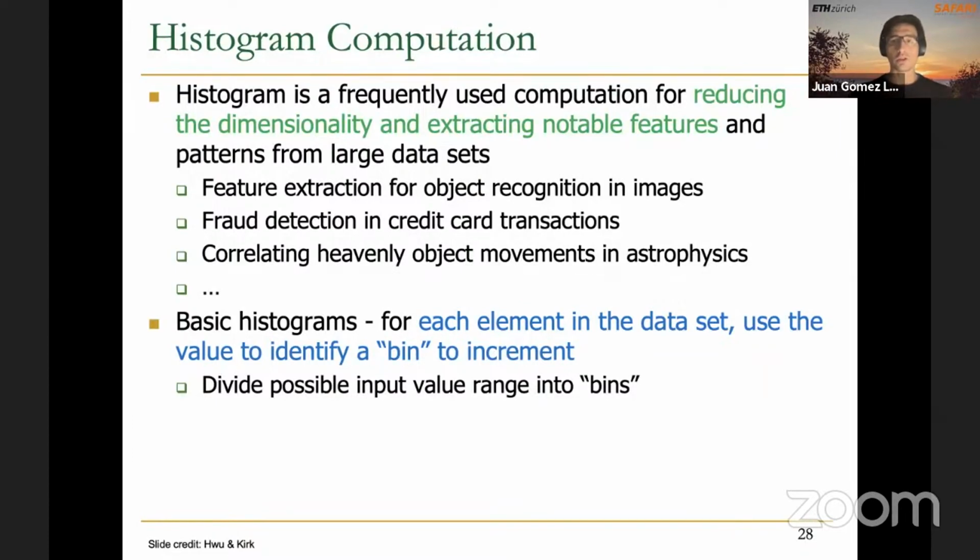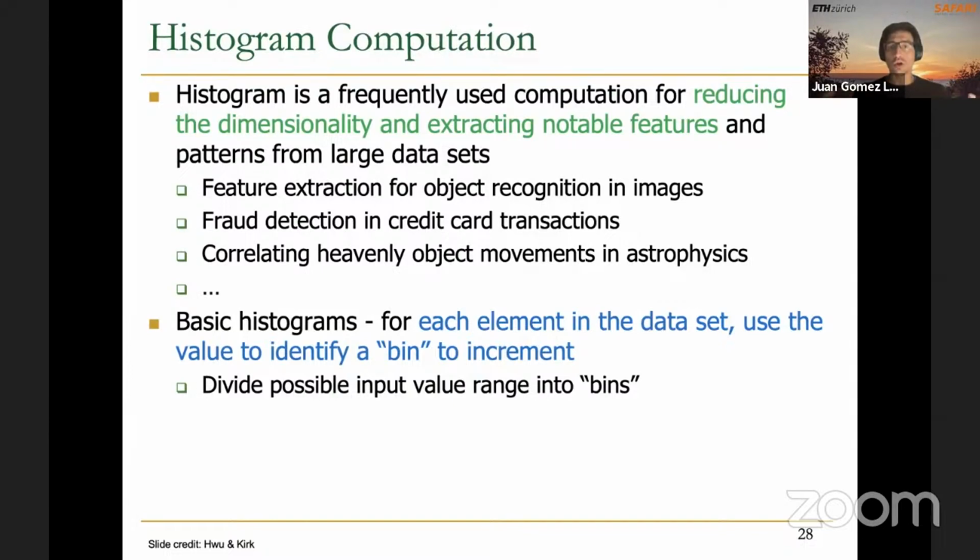A basic histogram works like this: for each element in the data set, we use the value to identify a bin to increment. First of all, we divide the possible input value range into bins. Let's go back to images. Images are composed of pixels, and the pixels have a certain depth. In a simple case, we can assume that these pixels are 8-bit, so they can have 256 different values.